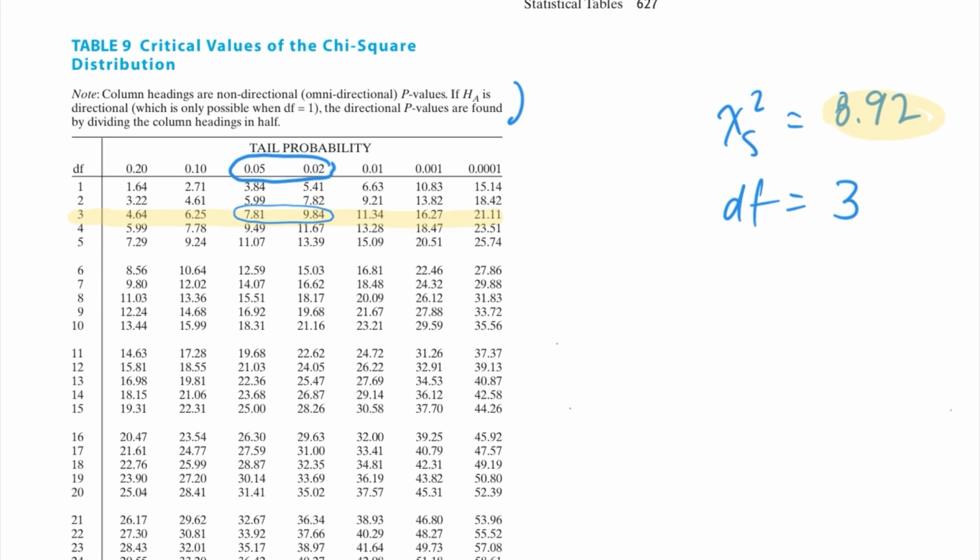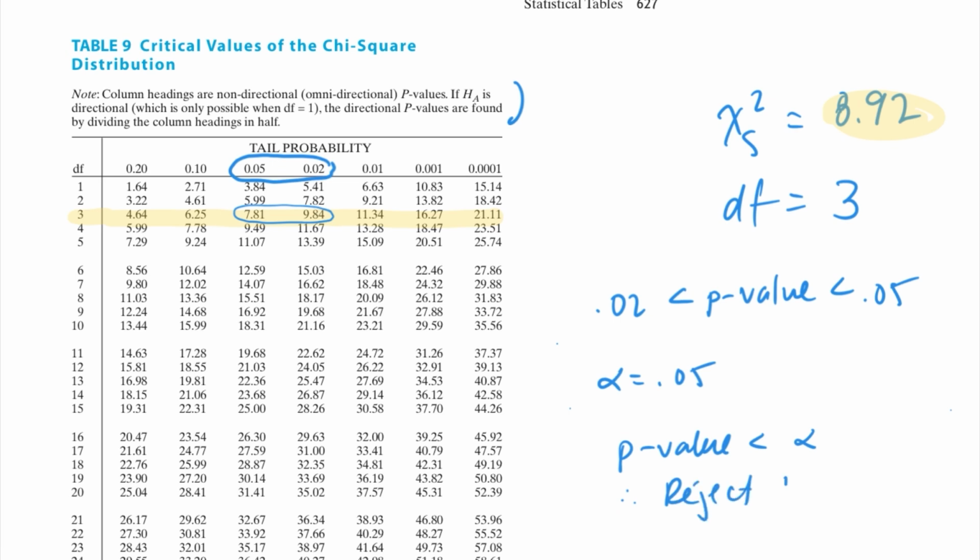So we're going to say that our p-value is between the values of 0.02 and 0.05. Again, if we're using alpha equals 0.05 as our significance level for this test, then we can say that indeed the p-value is less than alpha, which means we reject our null hypothesis.